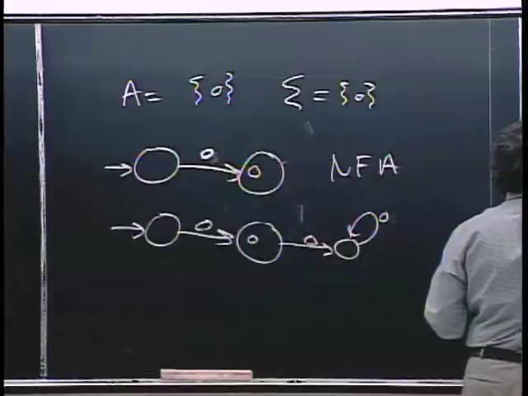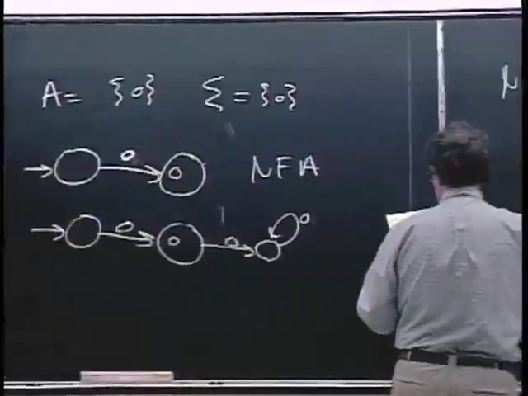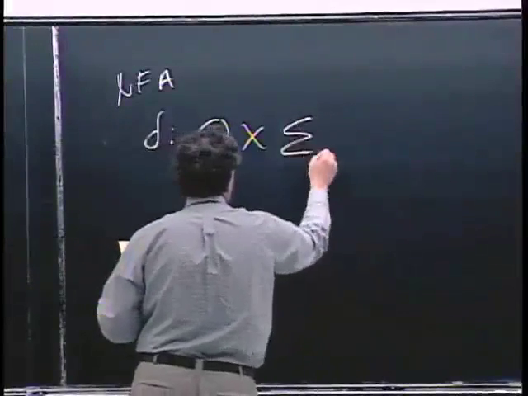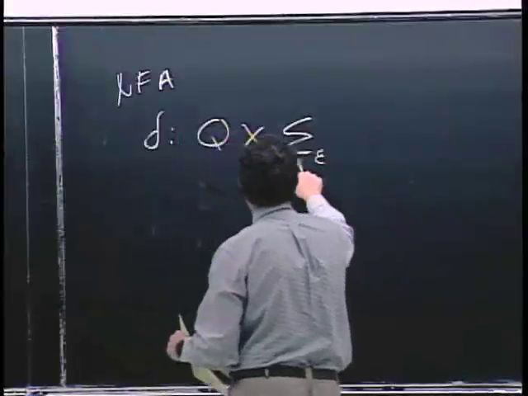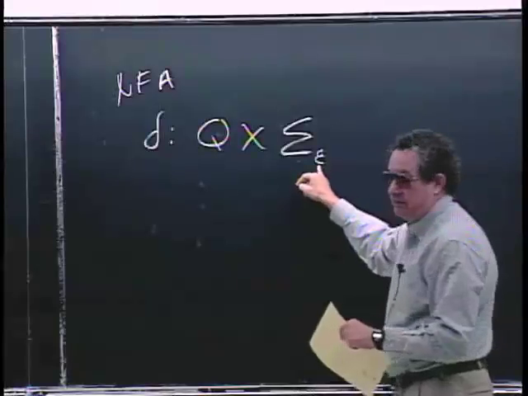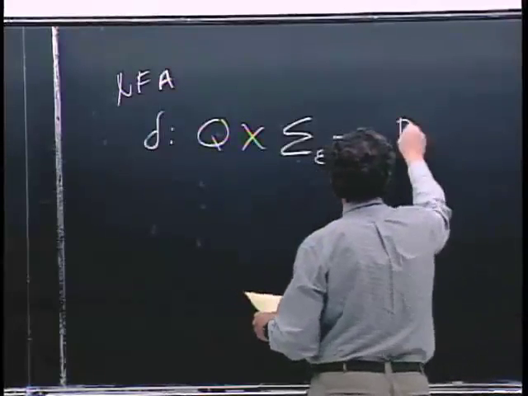Well, in an NFA, the transition function is described as states cross, first of all, the alphabet augmented with the epsilon sign, but that's not the key thing.